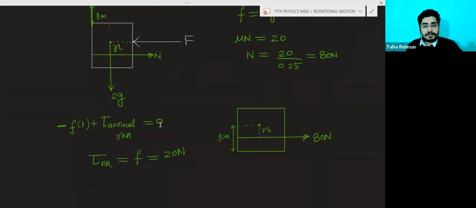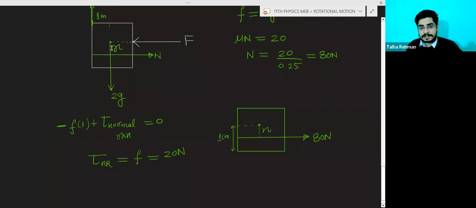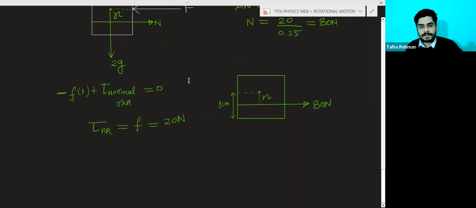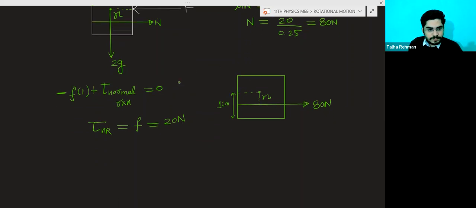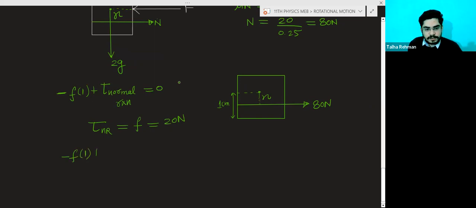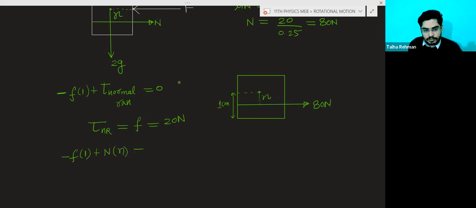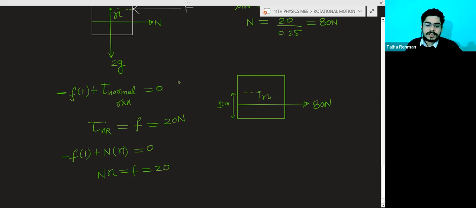If they ask what this distance x is, then there is a requirement of this. Then you can say this will be minus F into 1, and the torque due to normal reaction will be positive, N into x, and this is equal to 0. So Nx is equal to F, and F is equal to 20.